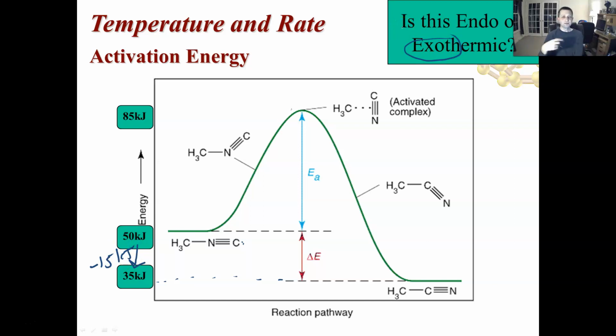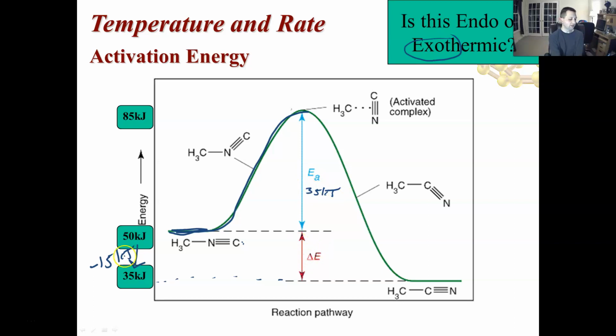Some other questions I can ask you here. What is the activation energy? If you have a curve like this, the activation energy is E sub A. It's from where you start up to the top of that hill. So it looks like that is 35 kilojoules. What's your delta E?